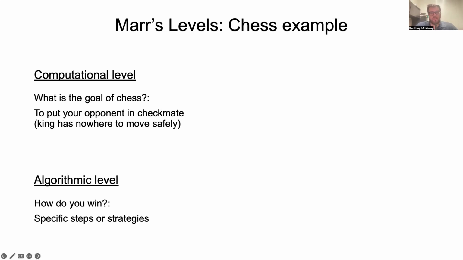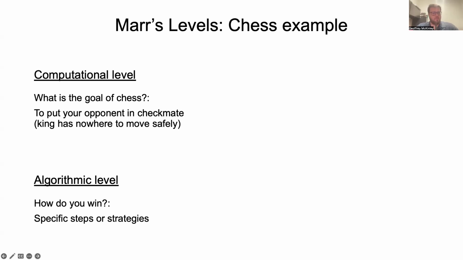If the configuration looks like X, and your opponent does Y move, then you might do this new move. If they do this Z, if they move like this, then you should do this other move, etc. That would be the algorithm or code programming, the steps that would be taken to get from the initial configuration to checkmate.